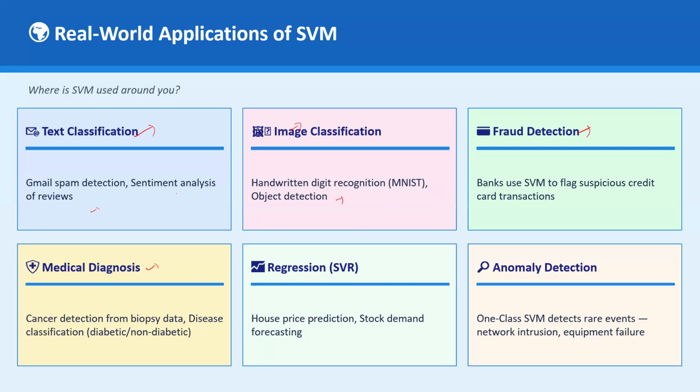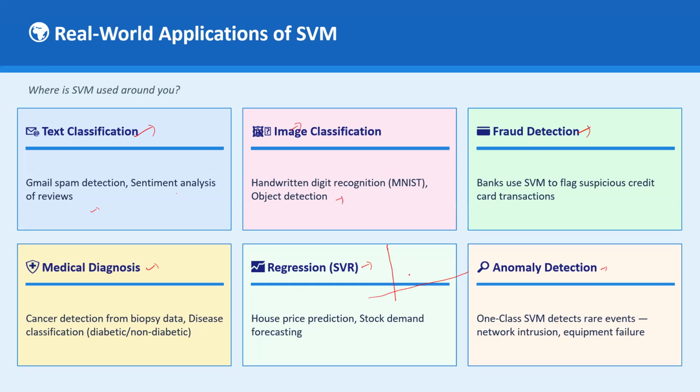And for house price prediction, we can use the support vector regression also. Of course, I'm mostly aligned to classification, but okay, what about the support vector regression? If I simply explain, we will use the one-class SVM for anomaly detection also, fine.